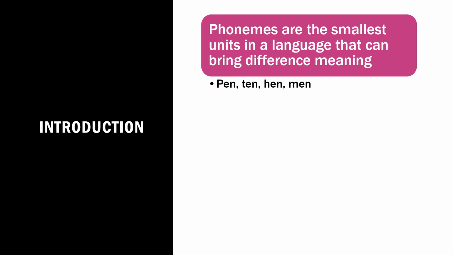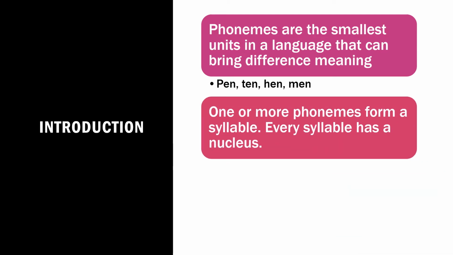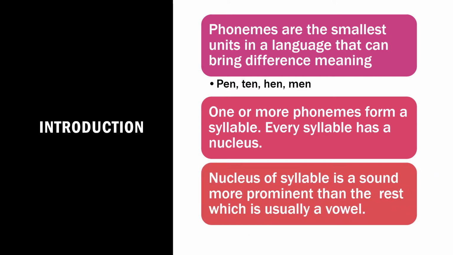And also we learned that syllables can be made out of one or more phonemes, and every syllable has a nucleus. The nucleus of a syllable is a sound which is more prominent than the rest of the sounds, and that nucleus sound mostly will be a vowel sound, as you can see in the word street.